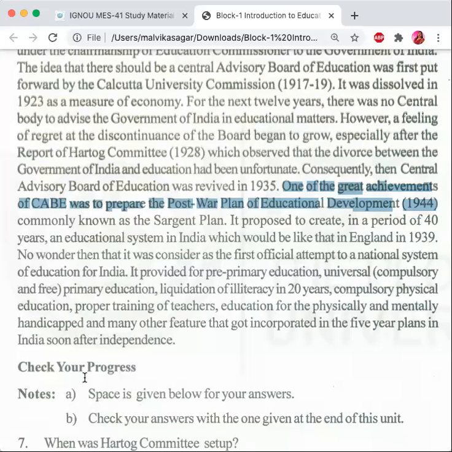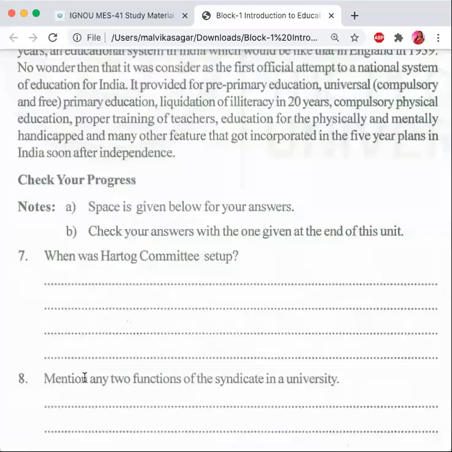It provided for pre-primary education, universal, compulsory and free primary education, liquidation of illiteracy in 20 years, compulsory physical education, proper training of teachers, education for the physically and mentally handicapped, and many other features that got incorporated in the 5-year plans in India soon after independence.